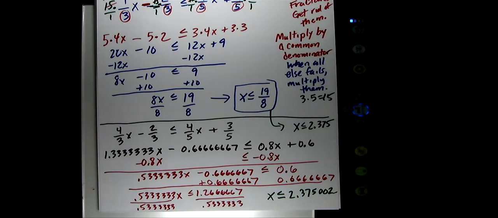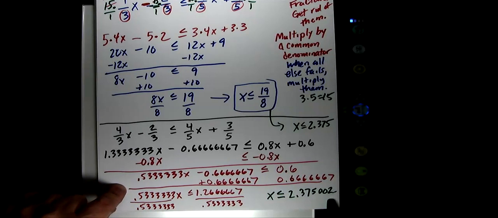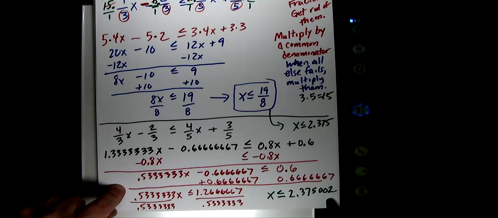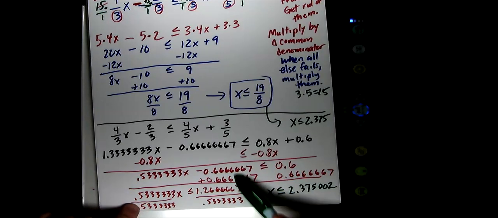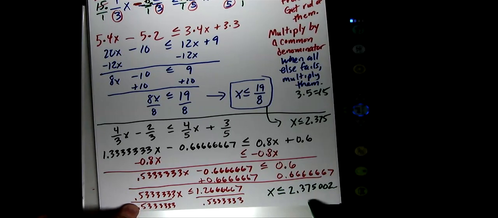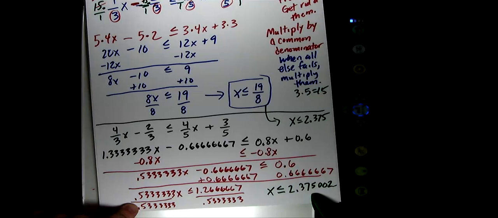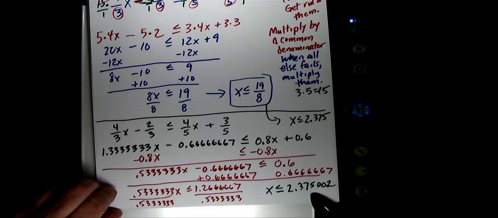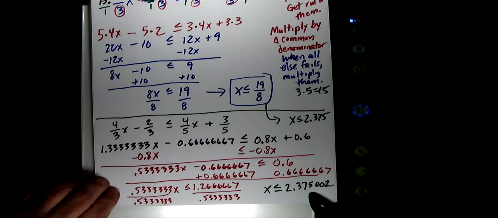So by going to a decimal, I inserted some error, like I wasn't exactly 2.375. But if you do enough decimal places here, the error won't show up in the digits you care about. And then you can avoid working with fractions. That's harder.